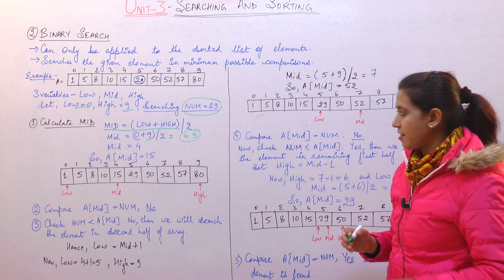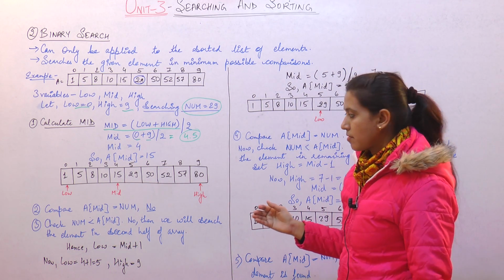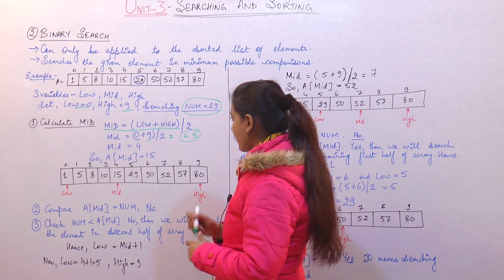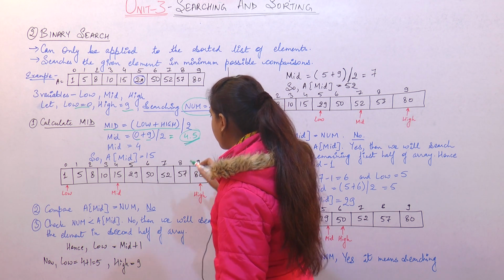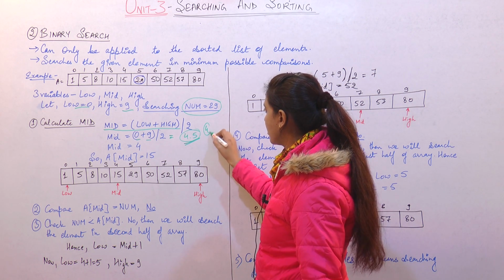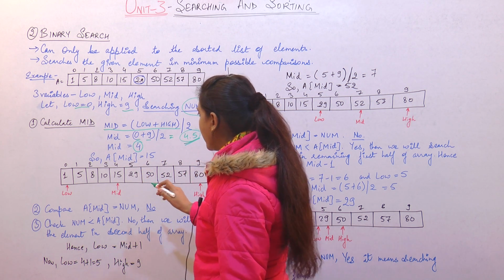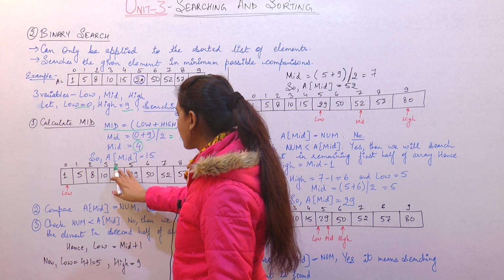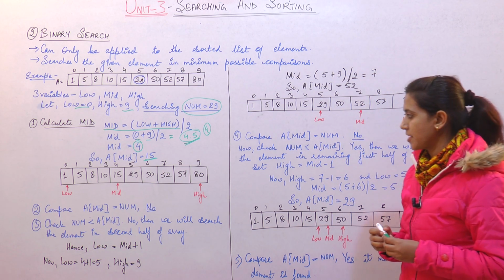Since 4.5 cannot be used as an array location, we always take the floor value, which is 4. So mid becomes 4, and the element stored at location 4 is 15.